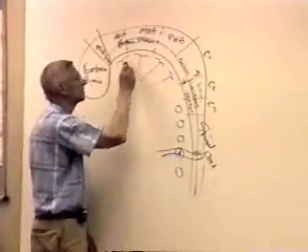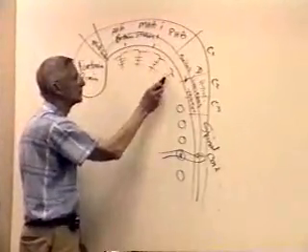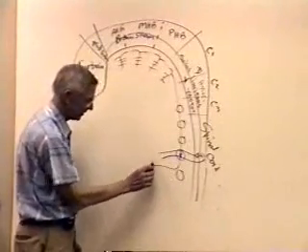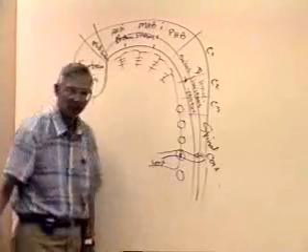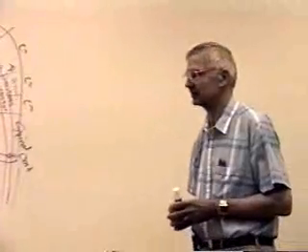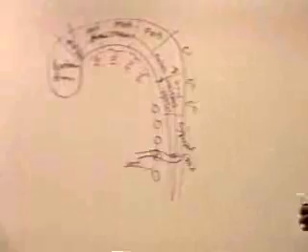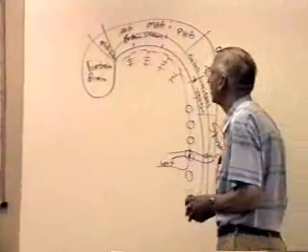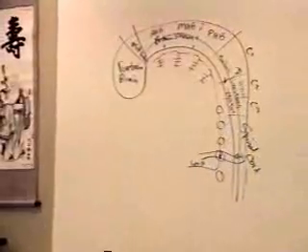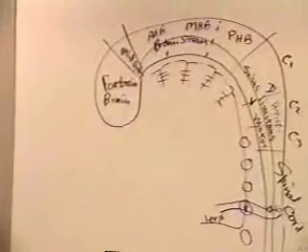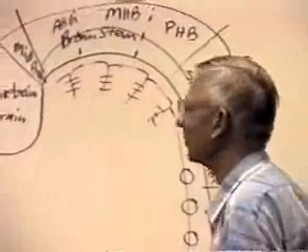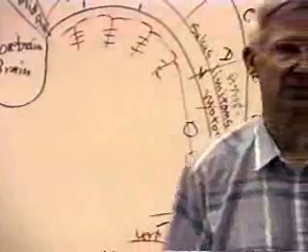These fuse and these disappear all the way down to C7, where we get the vertebral artery in its adult pattern. Occasionally these will persist as a persistent trigeminal or persistent otic or persistent hypoglossal, persistent cervical segmental arteries. They're rare, but you'll see them occasionally.